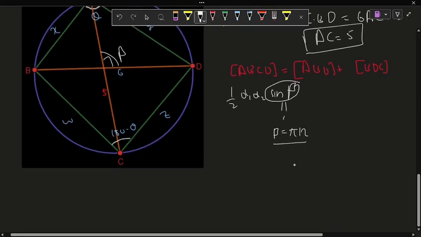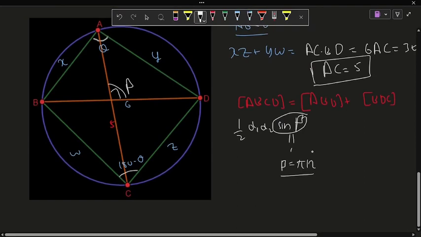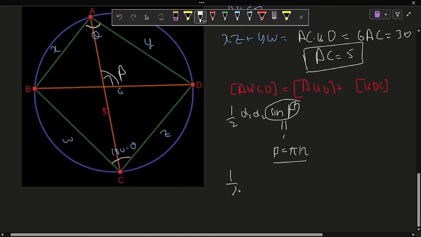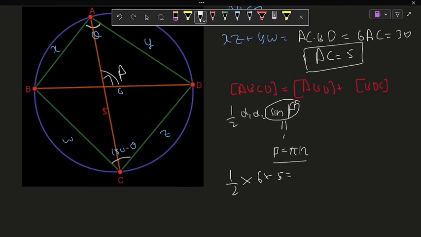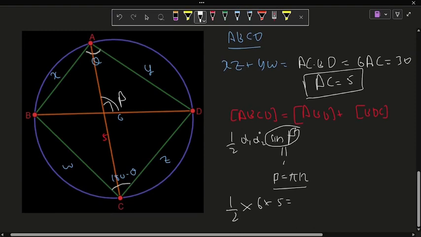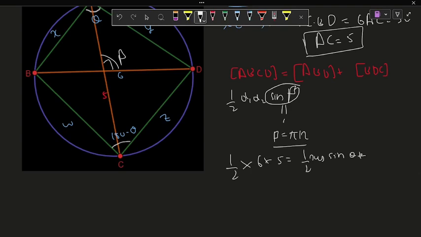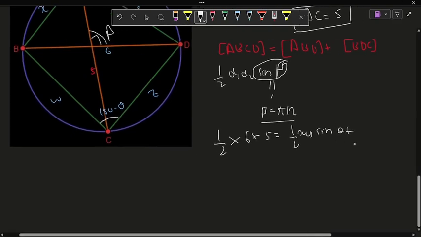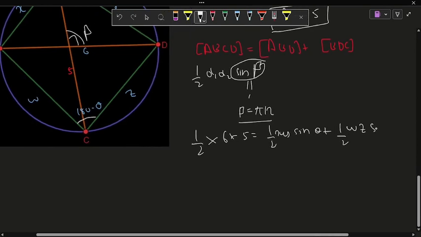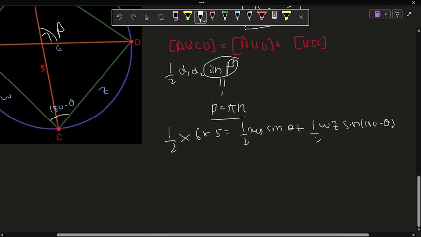So the largest possible area of ABCD will be simply half into the product of diagonals, which is 6 into 5. We can write the area of triangle ABD as half xy sine theta, and the area of triangle BDC as half wz sine of 180 minus theta, which is simply sine theta.